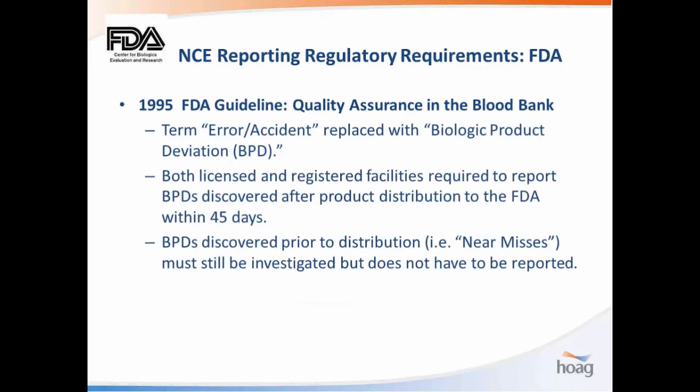At that time in 1995, the term error and accident was replaced with biologic product deviation, or BPD, and that's when the electronic reporting requirement came in that we have to report to the FDA within 45 days, and that BPDs, near misses, must still be investigated but don't have to be reported within 45 days to the FDA.